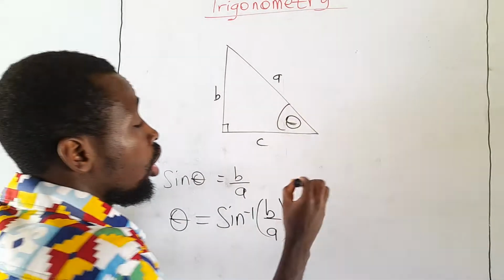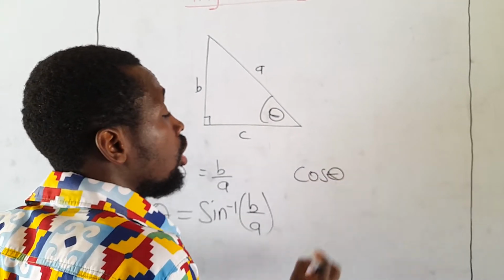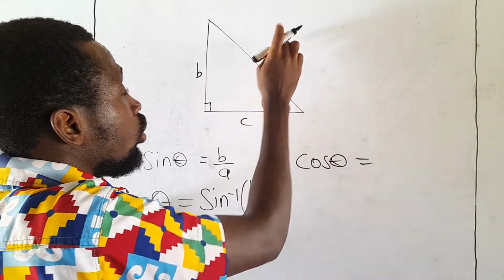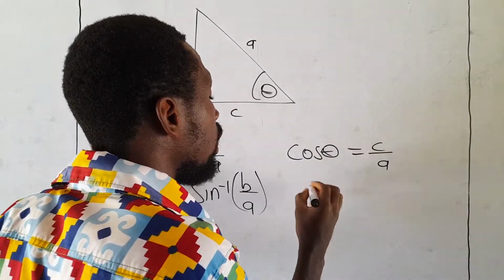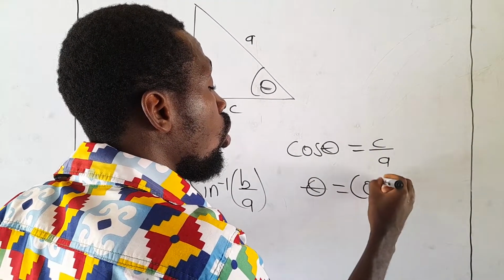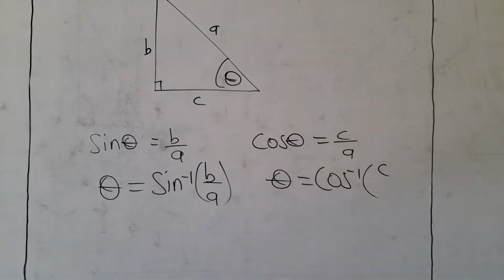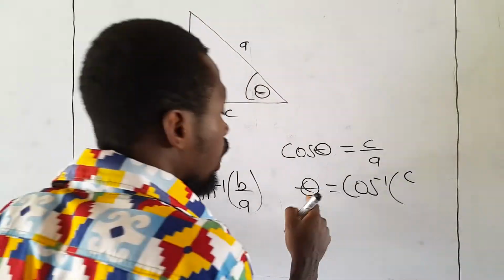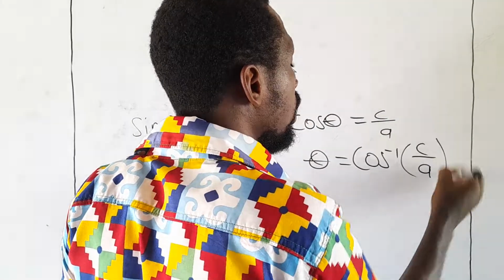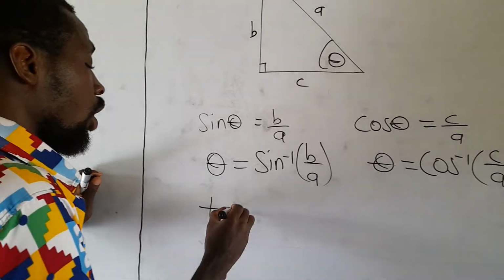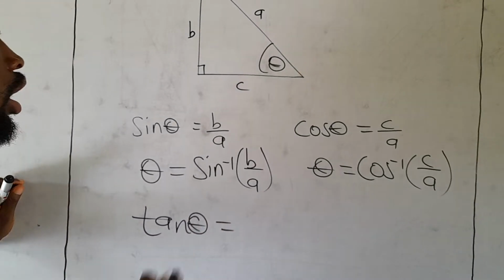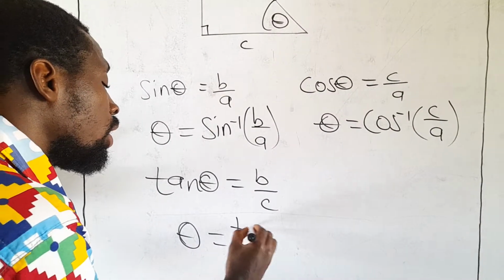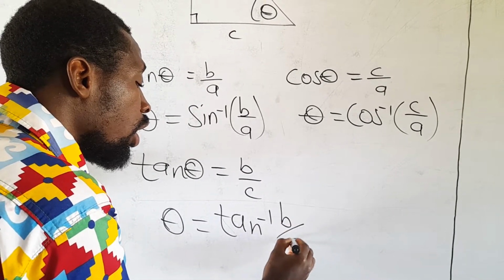The same way, if you have cos theta equal to the adjacent over hypotenuse, that's C over A, then theta will be cos inverse of C over A. In the same way, if we have tan theta equal to opposite over adjacent, B over C, then theta will be tan inverse of B over C.